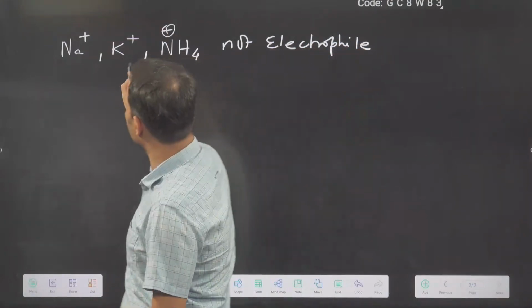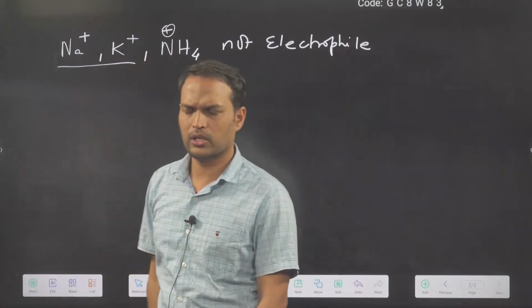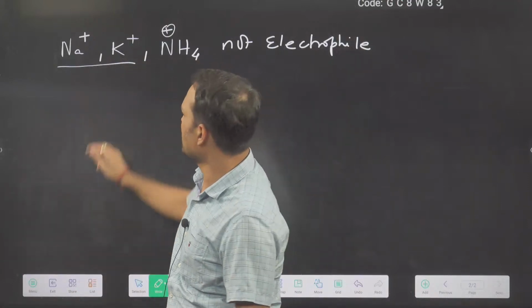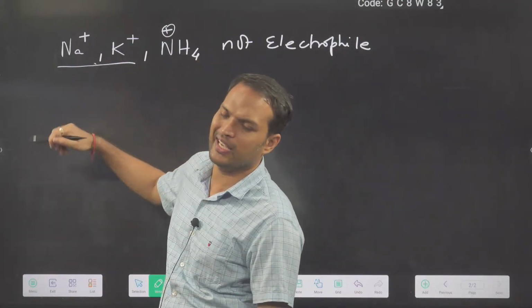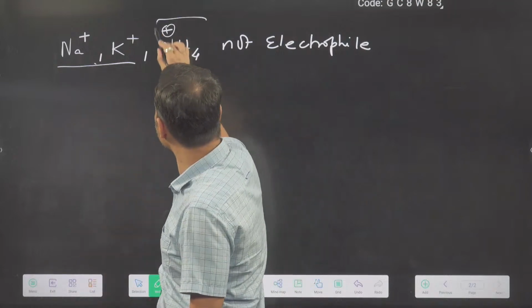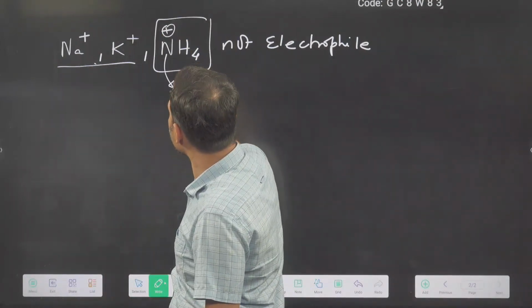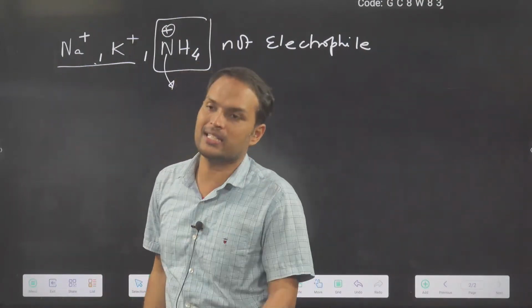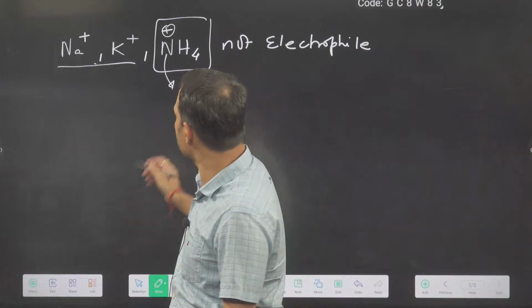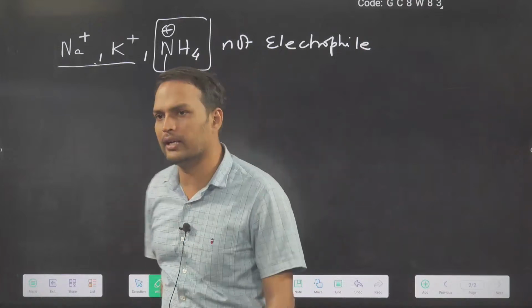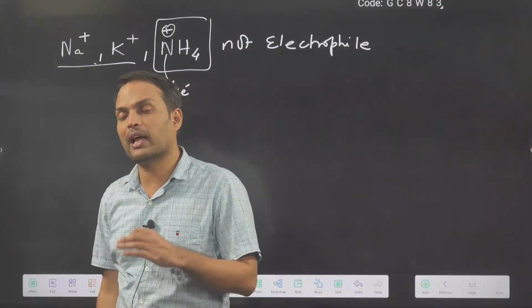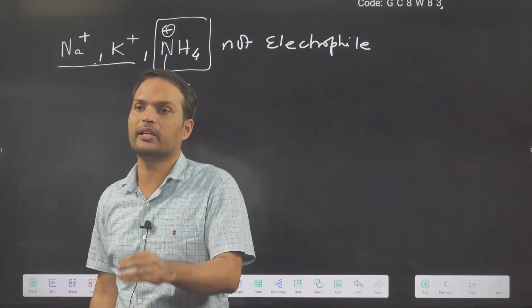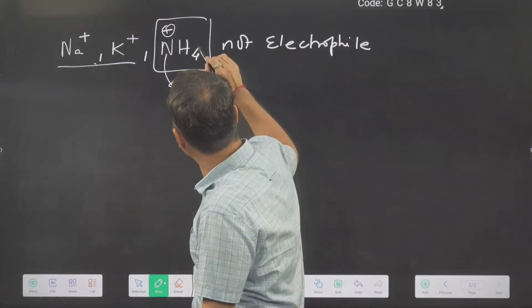Now see in these two, there is some confusion also. You see the options nicely because someone is saying electrophile, someone is saying not electrophile. But in this there is no problem because in nitrogen there is no space left. Already 8 electrons done, and nitrogen cannot expand its octet either. So this one is confirmed.